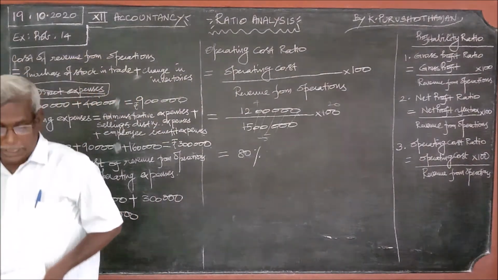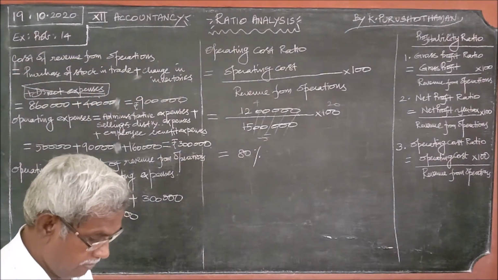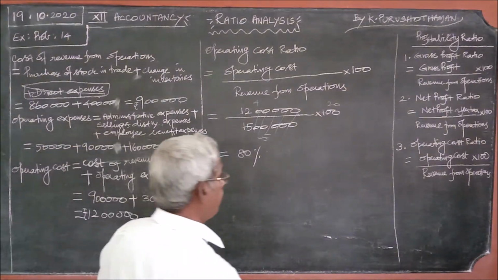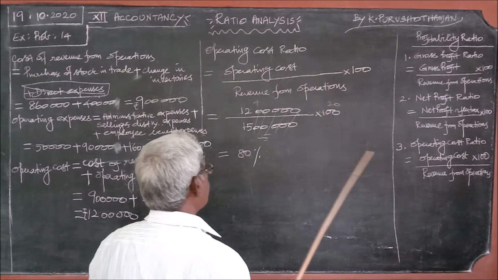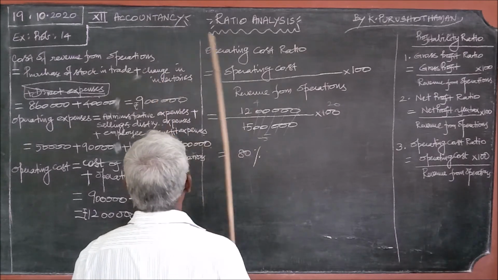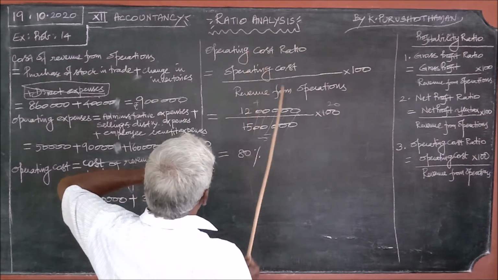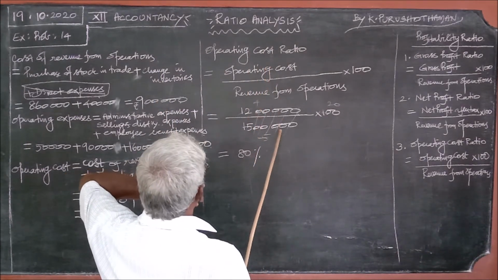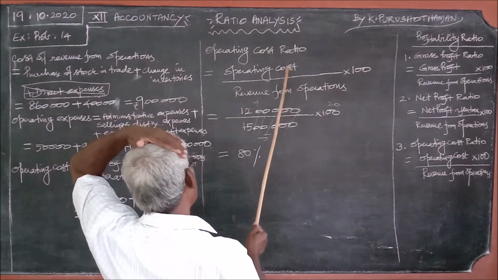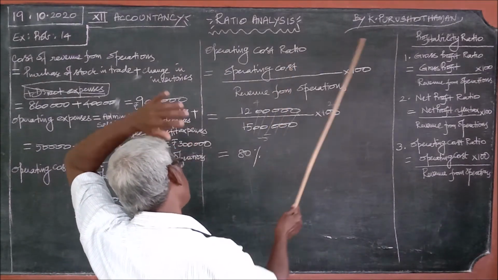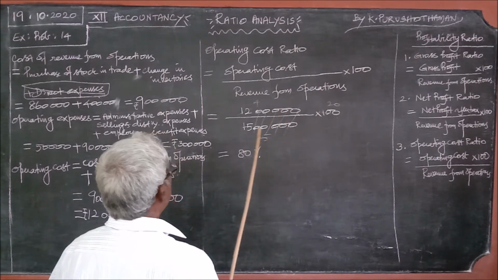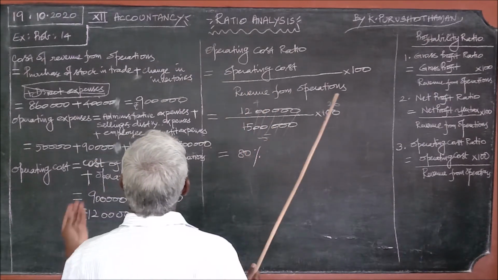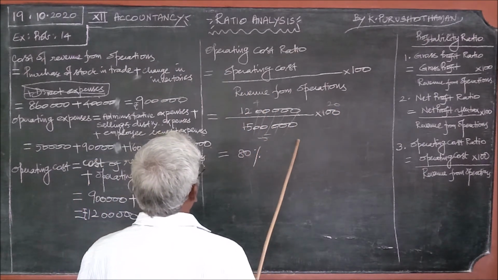Once again, I shall explain this problem for a few minutes because there is some difference between the illustration and this one. The formula is the same. Operating cost ratio is equal to operating cost by revenue from operations into 100. Revenue from operations is given in the problem straight away as 15 lakhs.